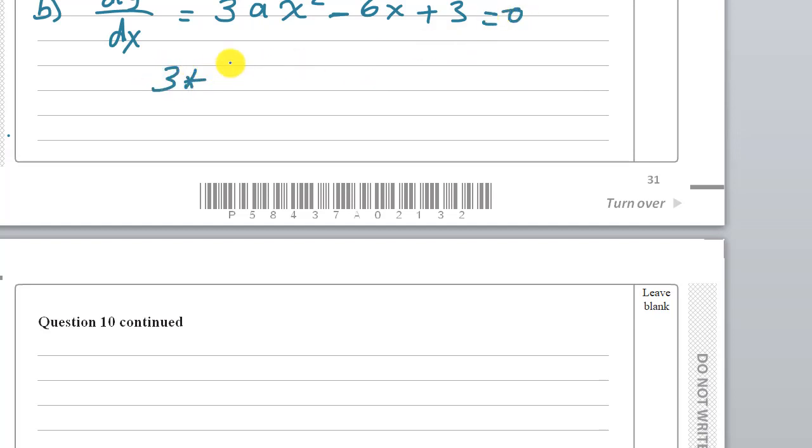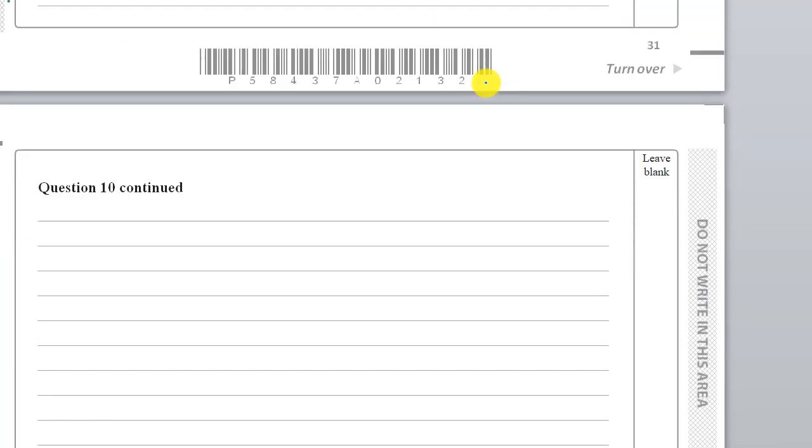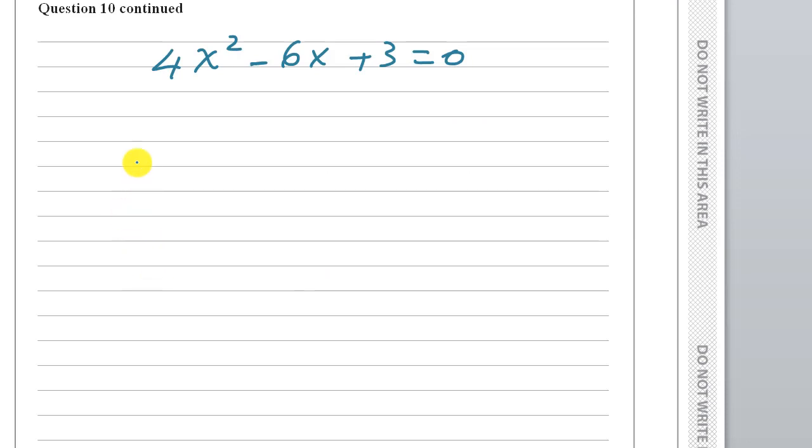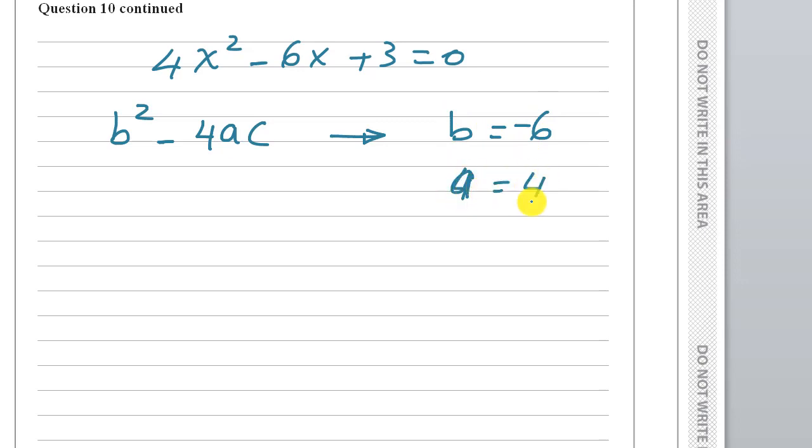So 3 multiplied by 4 over 3 x squared minus 6x plus 3 is equal to 0. Let us find the exact solution. 4x squared minus 6x plus 3 is equal to 0. So now b squared minus 4ac, where b is equal to minus 6, a is equal to 4, c is equal to 3.